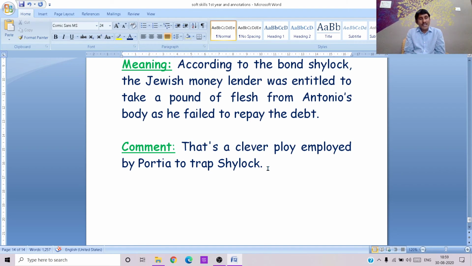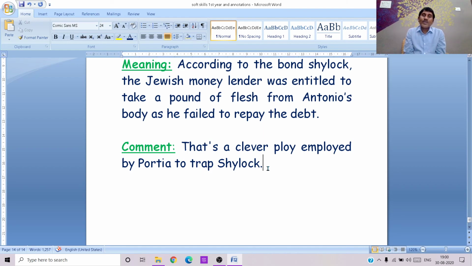So he relents immediately and he readily wants to take those 3,000 ducats. In fact, in the beginning they offered 6,000 ducats, but he refused, and now when he asks for it, they deny, because when the chance was given, he did not utilize that chance. Okay, then she says, what did he say?